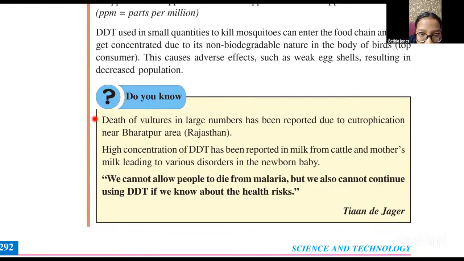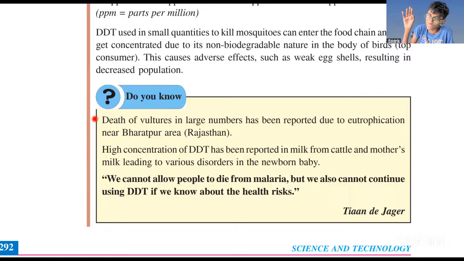High concentration of DDT has been reported in milk from cattle and mother's milk, leading to various disorders in the newborn baby. We cannot allow people to die from malaria, but we also cannot continue using DDT if we know about the health risk.